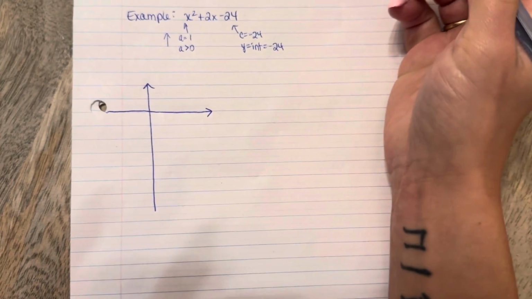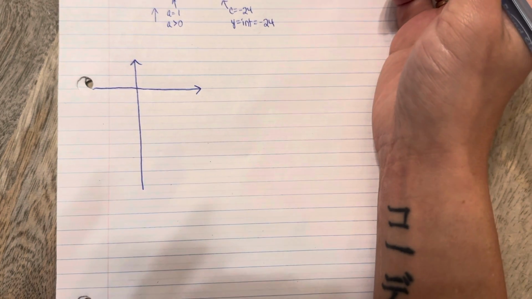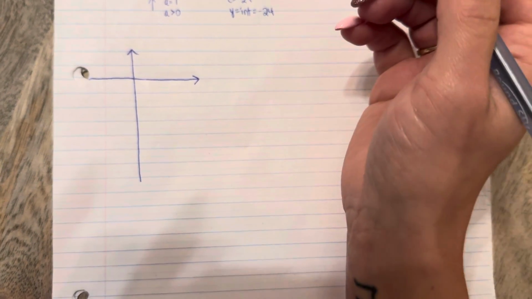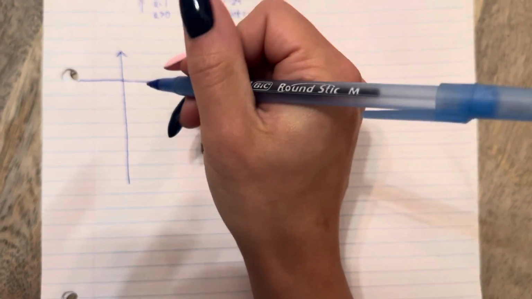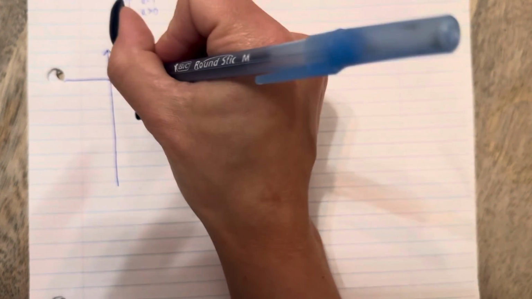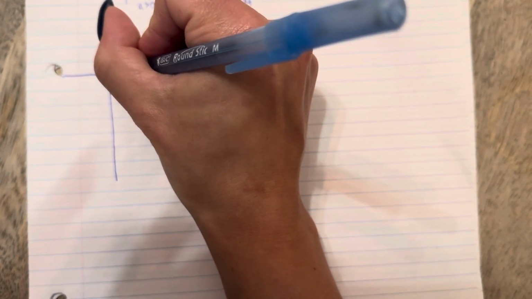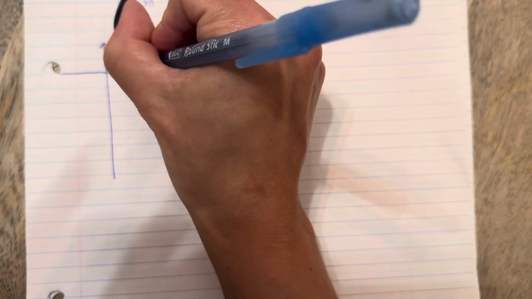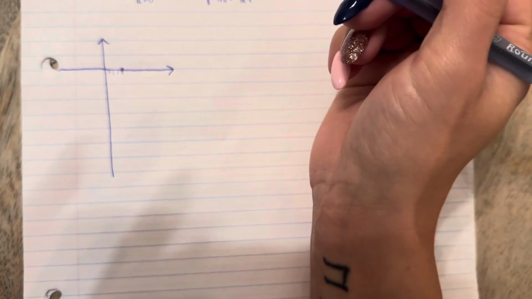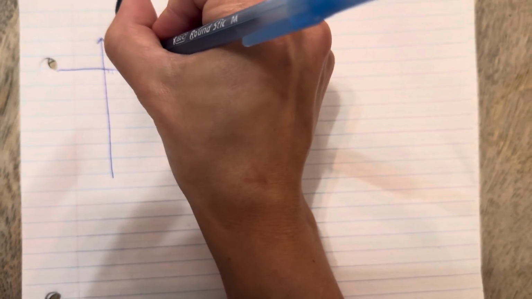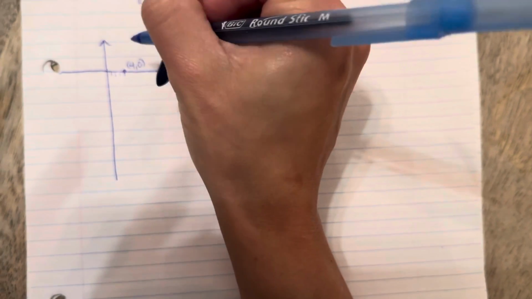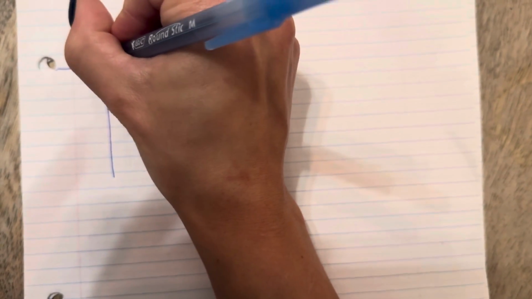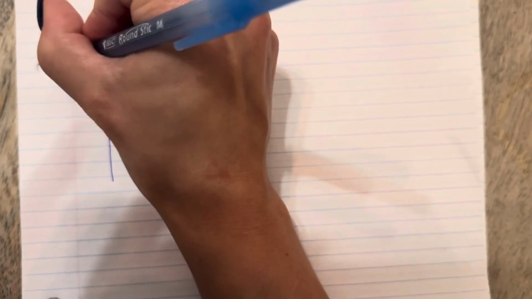So if we were using Desmos or something quick to graph this, we could see it right away. But since I'm just trying to do this by hand real quick, we'd have an x-intercept here at (4, 0), and we'd have an x-intercept here at (-6, 0).